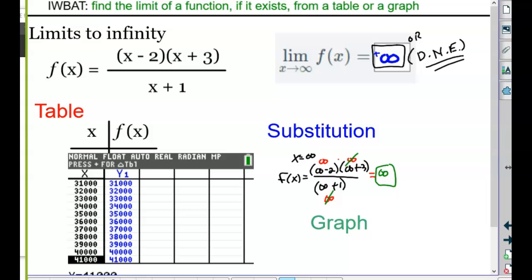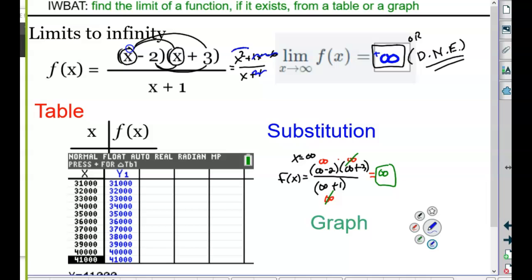Now, there's one other thing that you could do with this problem. It's really the x values that control it. Watch what happens. If I was to FOIL this whole thing out, right? x times x, x minus x plus 3 minus 2x minus 6, I would get this over this. Well, as we learned, if you look at the very ends of the graph, all this extra stuff right here and here, it's not going to affect the answer as x is really big.